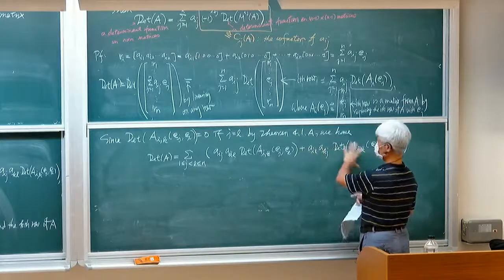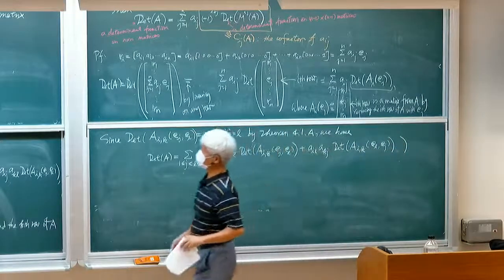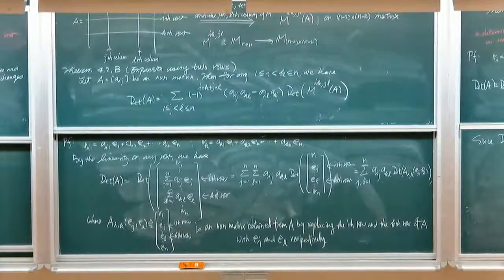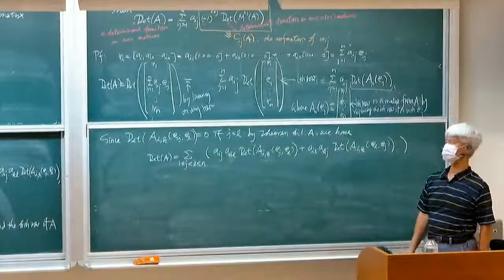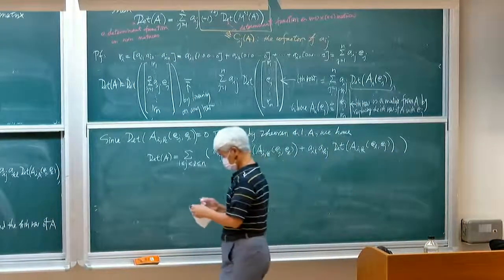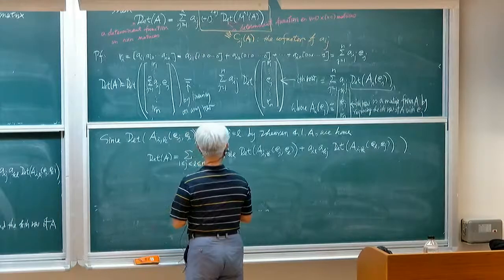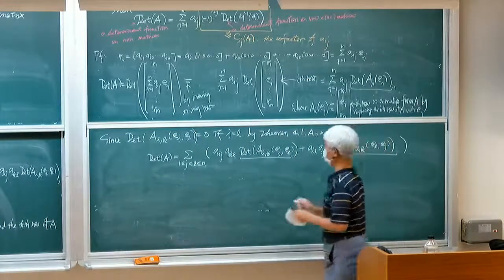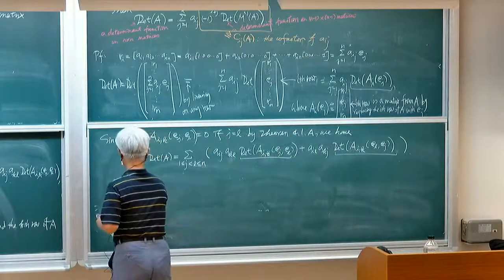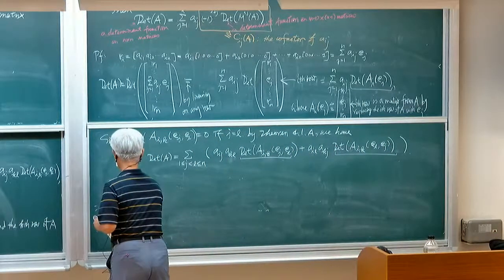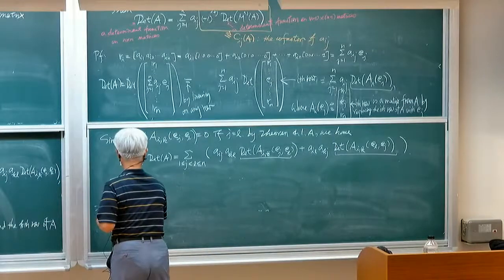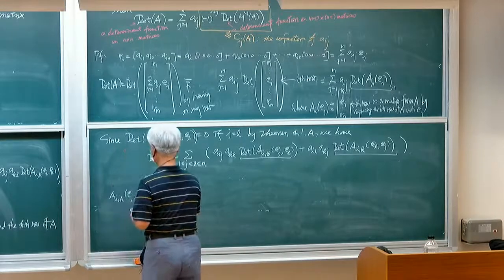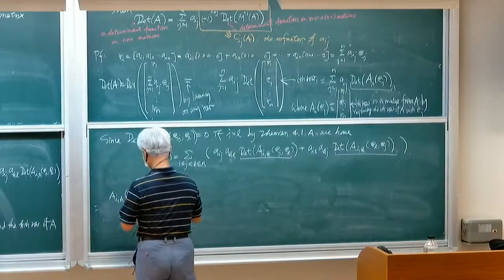So the sum becomes this sum. Now look at a_ij, a_kl of e_j, e_l. So look at that. So this is A.